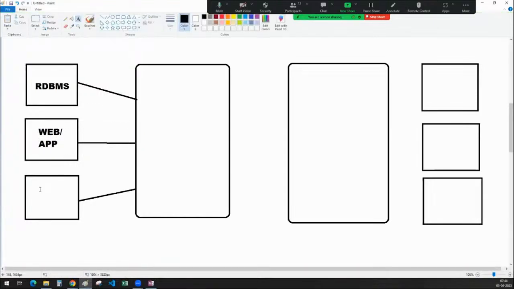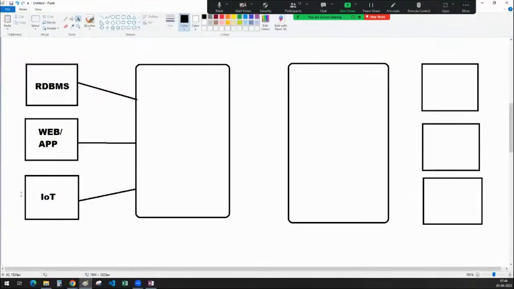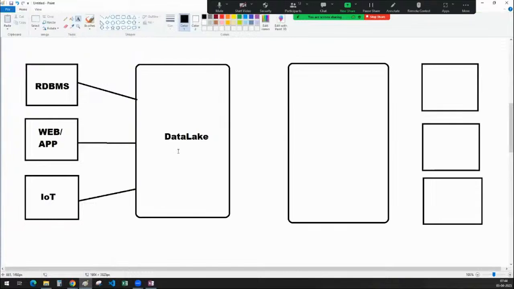Or it can be a CSV file from an application, or IoT data from an IoT application. So you get data from multiple data sources. You try to ingest the data into the data lake. So this is your data lake, guys.